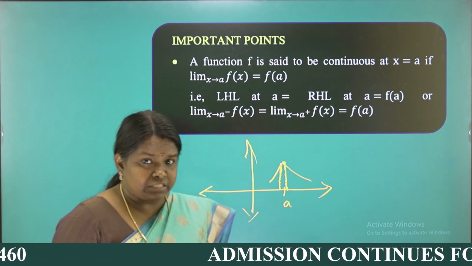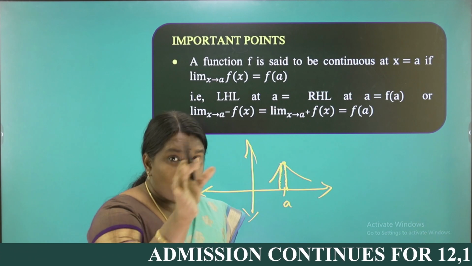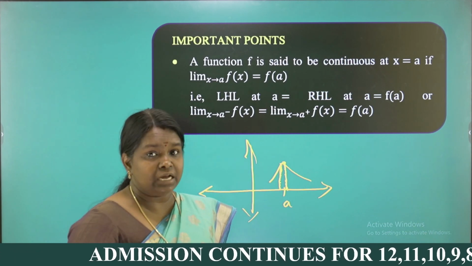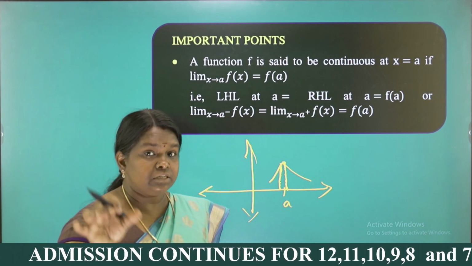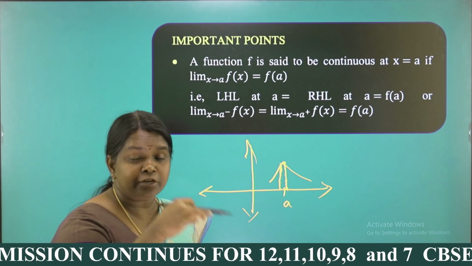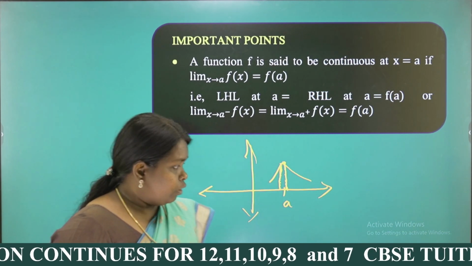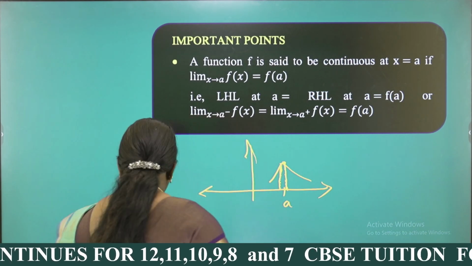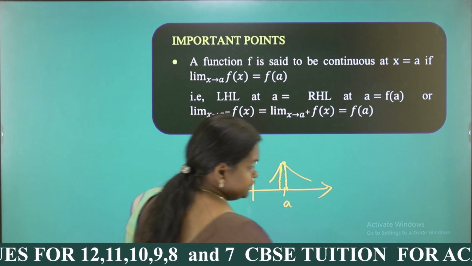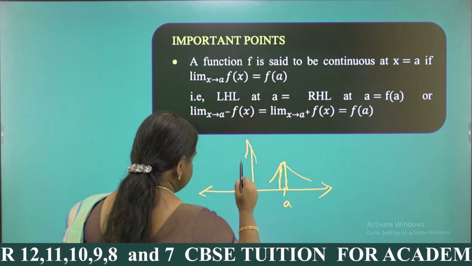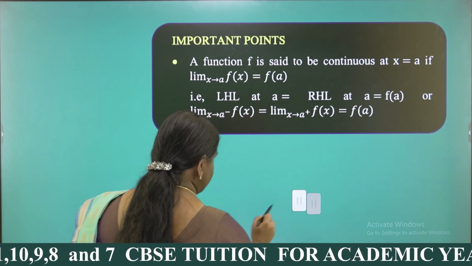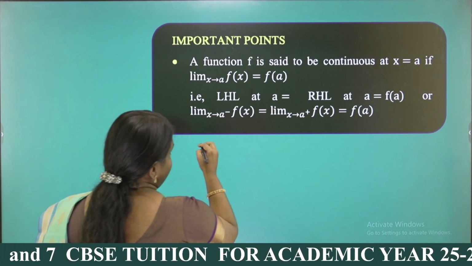And along with that, I'm just giving you all the standard results that you studied last year in limits, because all these things are required here. What are the standard results? First, trigonometric limits.